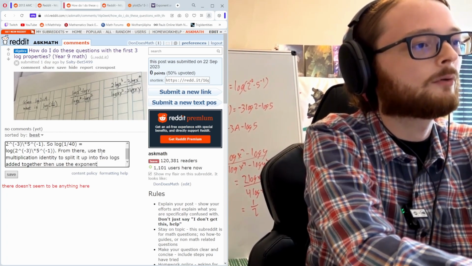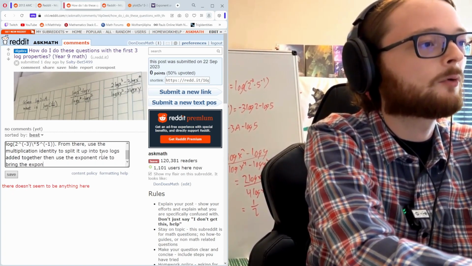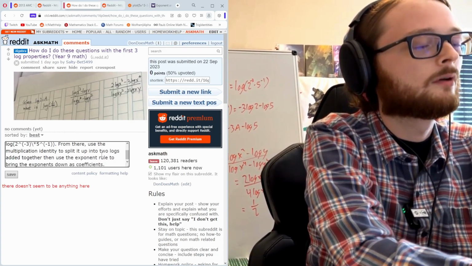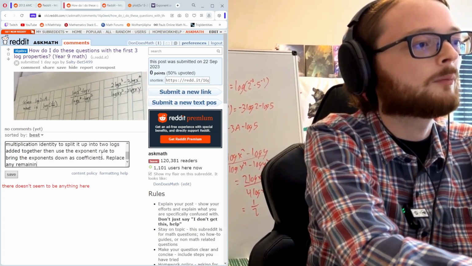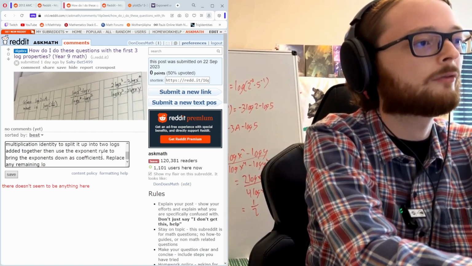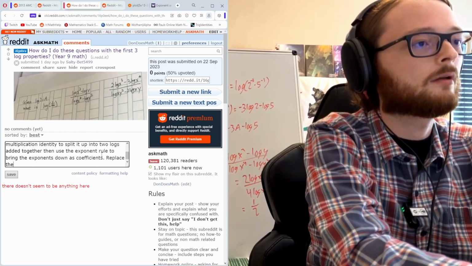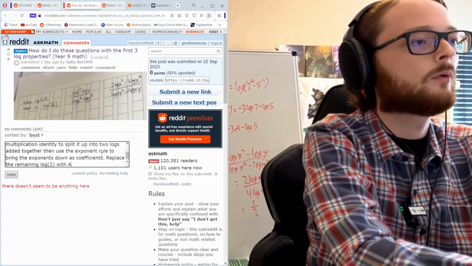Then use the exponent rule to bring the exponents down as coefficients. Replace the remaining log of 2 with a.